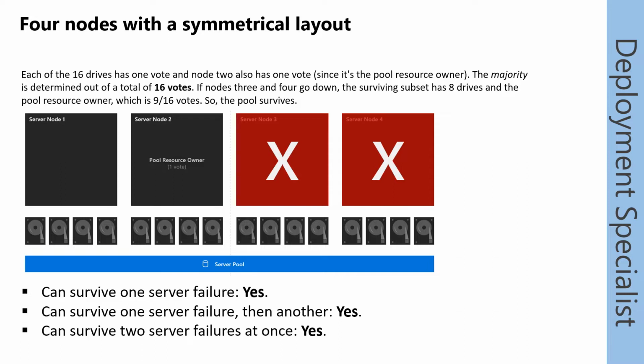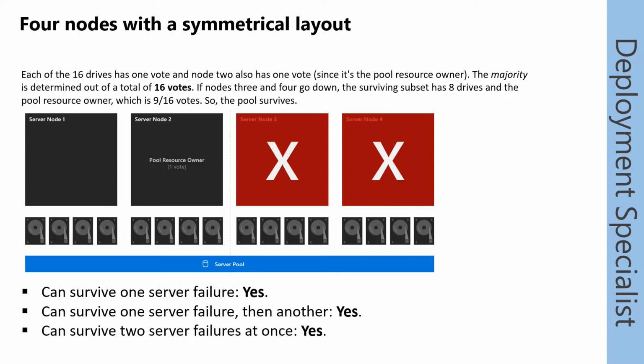So if we have the situation we can see here, 2 nodes in the 4-node cluster fail. We have 50% of the disks. This is not the quorum, but we have an additional vote for the pool resource owner. If the pool resource owner fails, here in this graphic the 2 servers that fail do not include the pool resource owner.